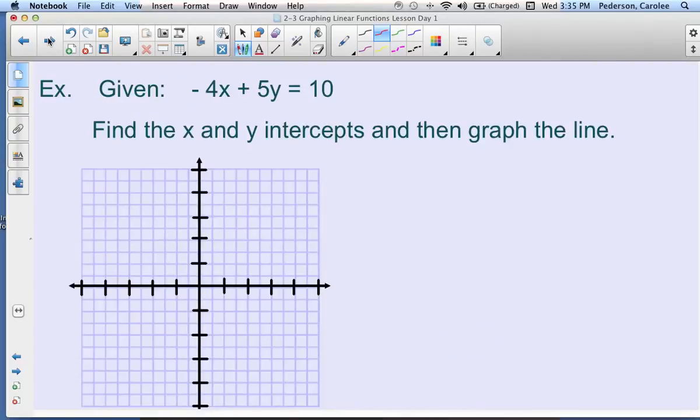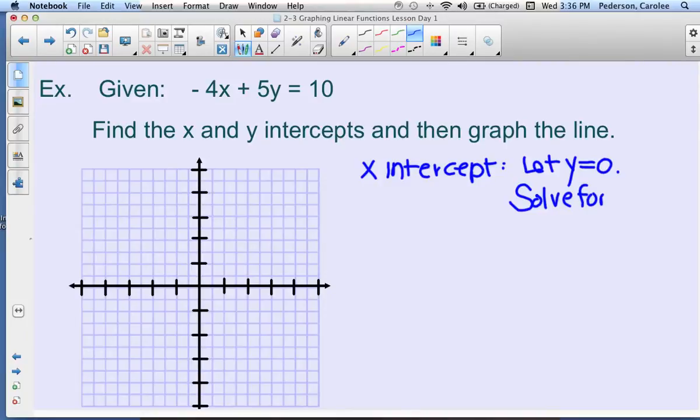Here's how you can graph a line by finding the x and y intercepts. So we have an equation, negative 4x plus 5y equals 10. To find the x-intercept, we're going to let the opposite variable, y, equal 0, and solve for x.